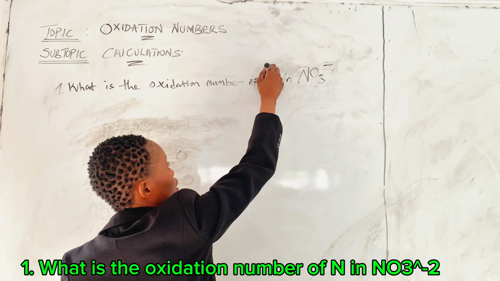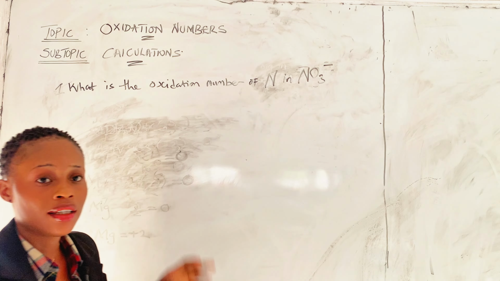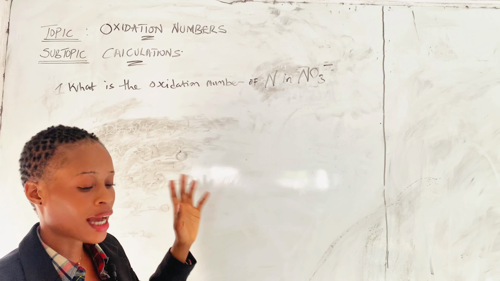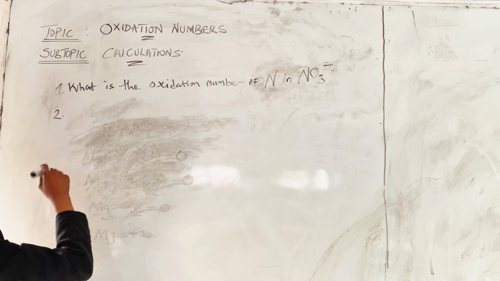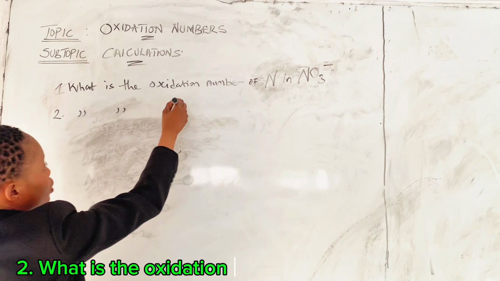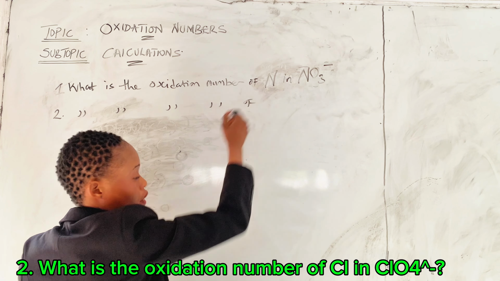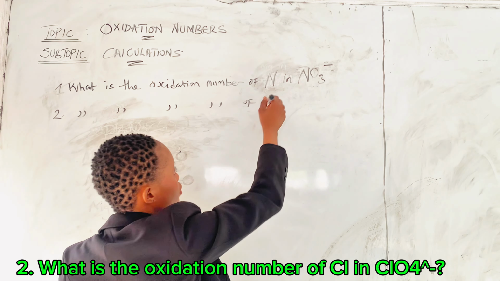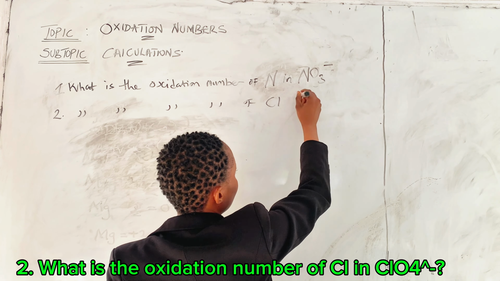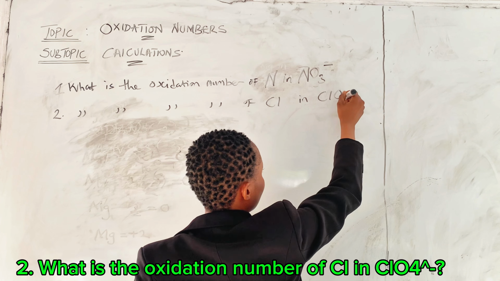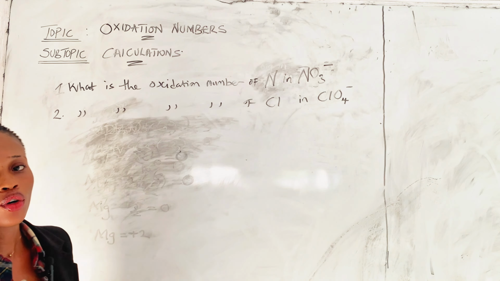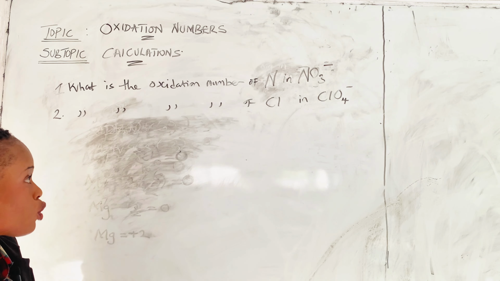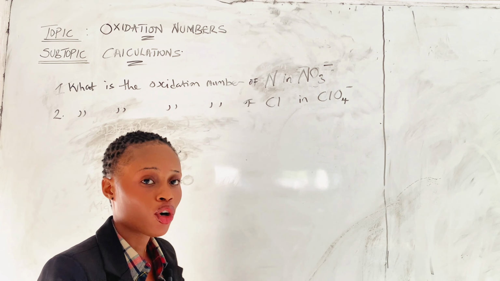So we want to find the oxidation number of nitrogen in nitrate polyatomic ion. And then the next exercise is, what is the oxidation number of chlorine in chlorate? So what is the oxidation number of chlorine in chlorate ion? So attempt to solve this, and of course leave your answer in the comment section.